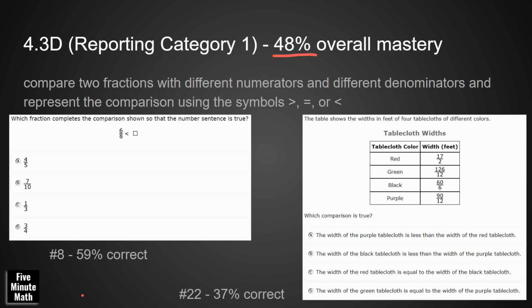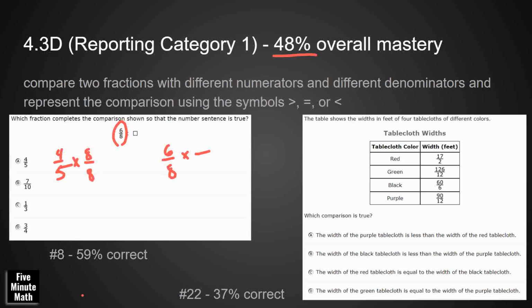We did okay on this first one. We're simply trying to find a fraction that 6/8 is less than. And we would just need to take each of these fractions and find common denominators, which is going to be difficult for some of the students. But if we started with the fifths and the eighths here, we could just multiply each of these fractions by the other denominator.